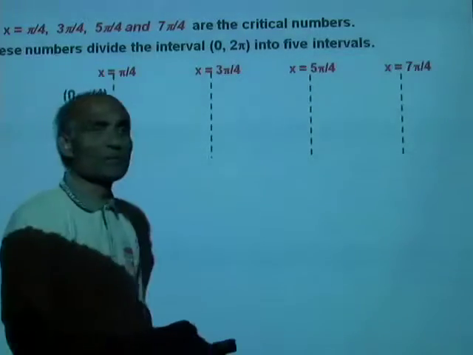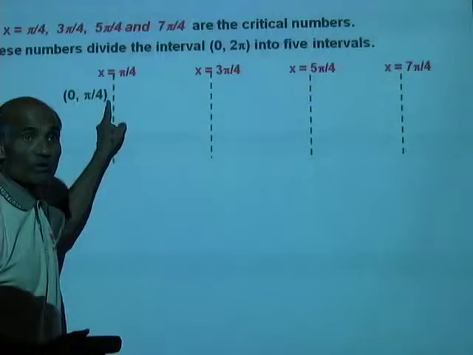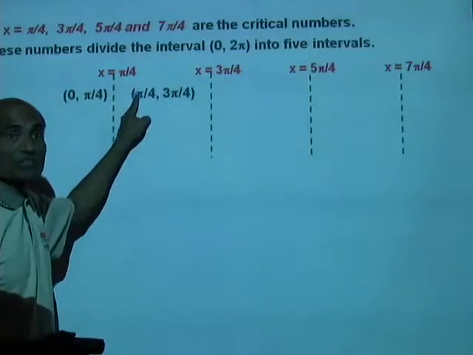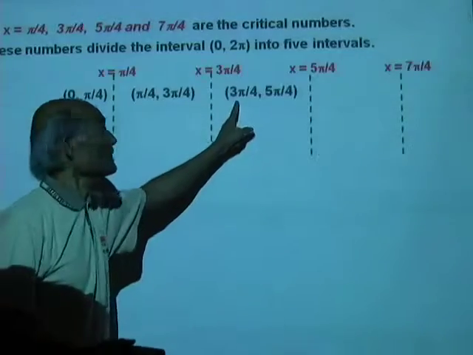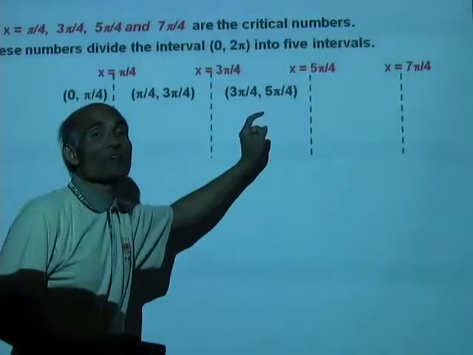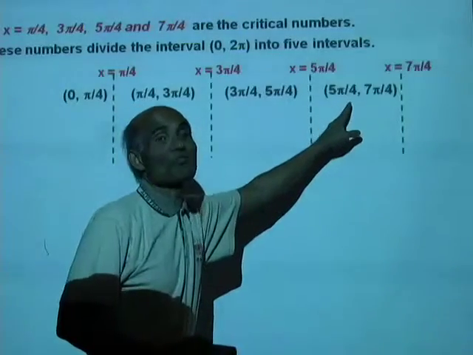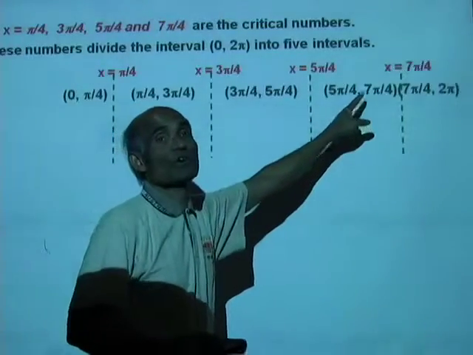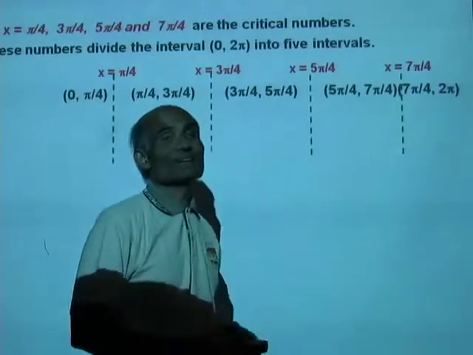One more time. The first interval is from 0 to pi by 4. The second interval is from pi by 4 to 3 pi by 4. The third interval is 3 pi by 4 to 5 pi by 4. 5 pi by 4 to 7 pi by 4. And 7 pi by 4 to 2 pi.